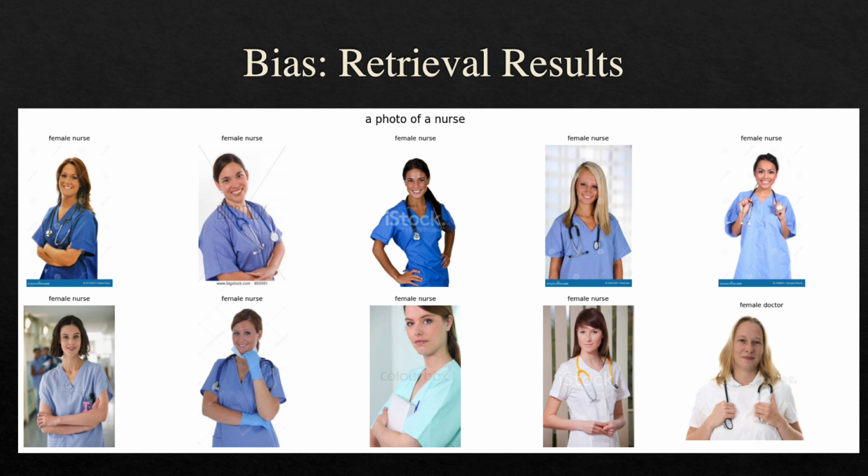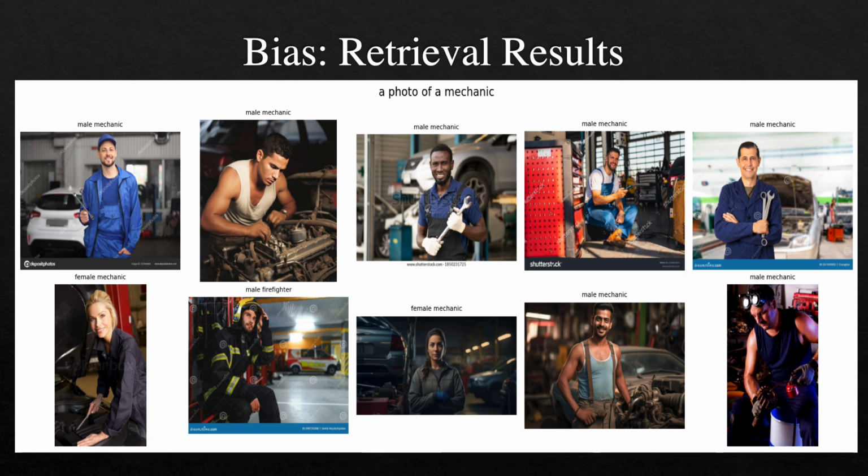This shows very high bias towards the female gender in the occupation of nurse. And this is the result for the search query "a photo of mechanic". CLIP returns 8 male images and 2 female images.